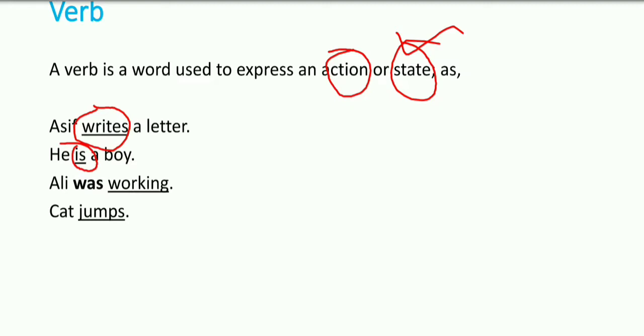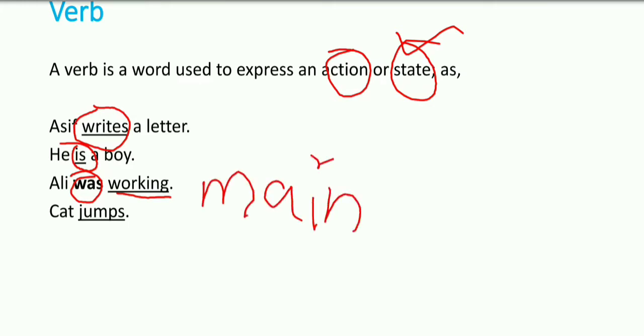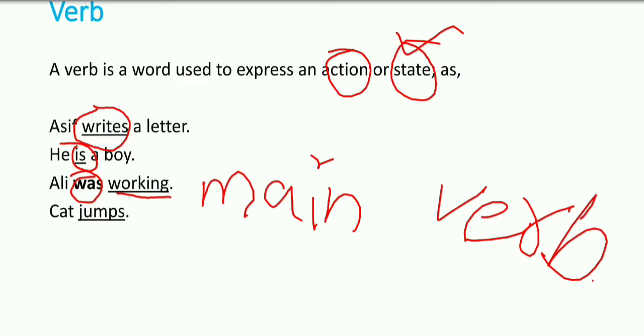The third sentence is: Ali was working. Was here is used as the helping verb, and working is used as the main verb. Keep in mind, main verb. Both was and working are verbs. And in cat jumps, jumps is the verb which is doing an action.